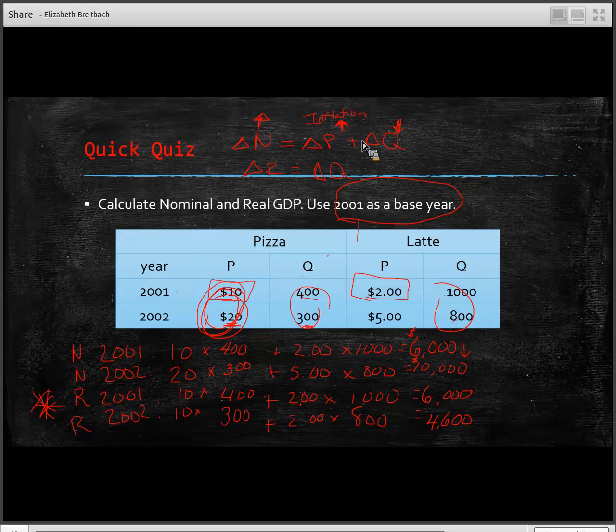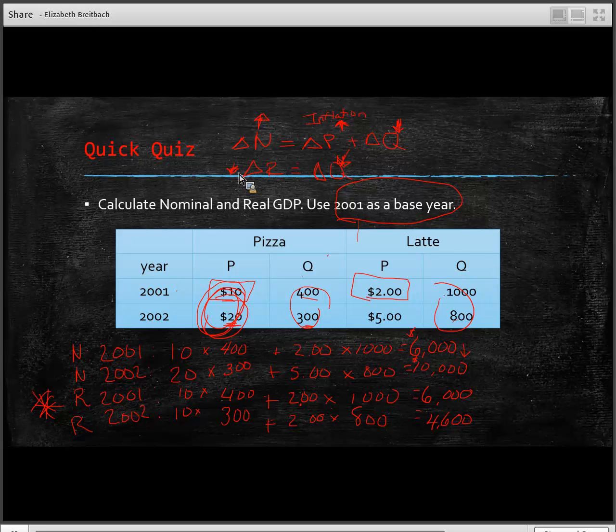Since we're assuming fixed prices, correcting ourselves for inflation, we only get the change in quantity, and quantity fell over this time period, so our real GDP fell the same way that quantity did.